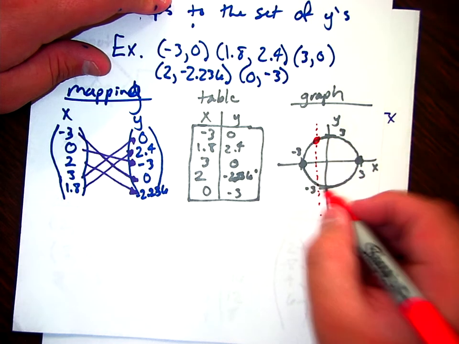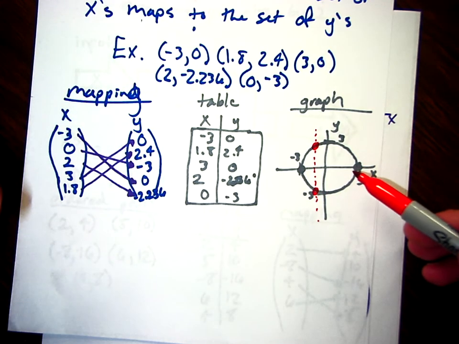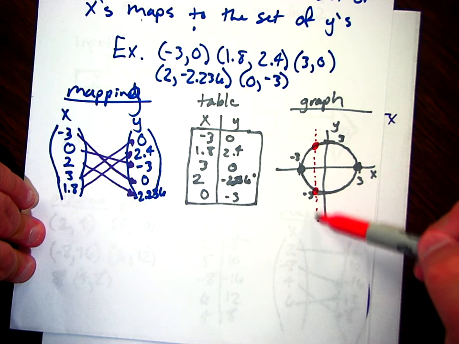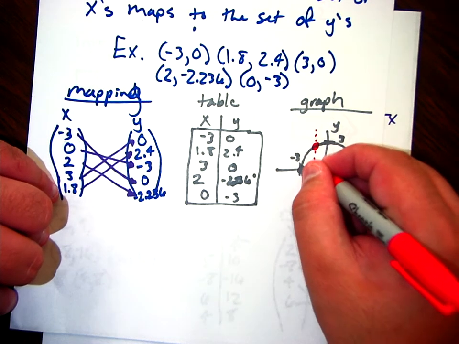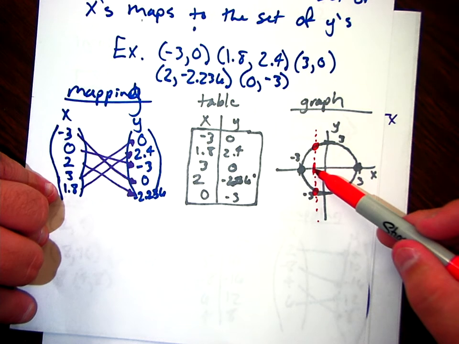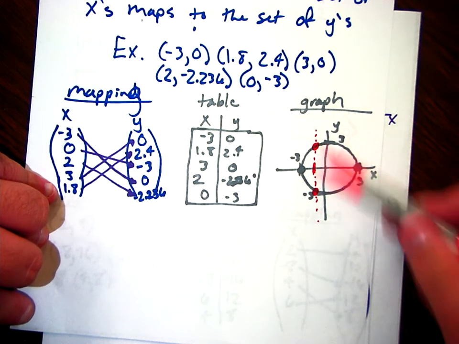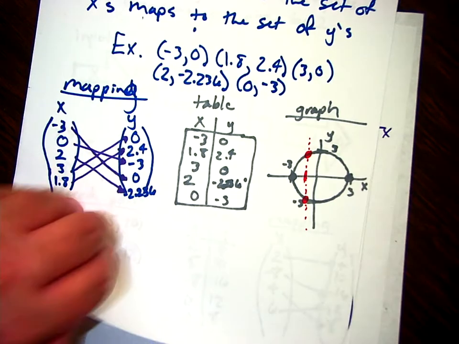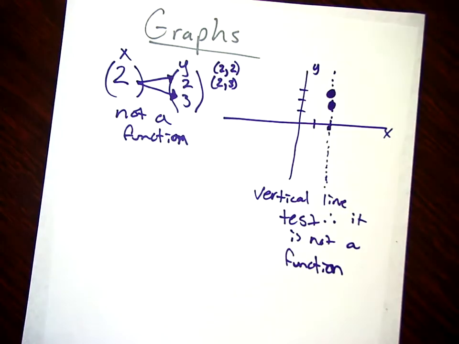It touches there and there. So we know that this relation is not a function because it touches that vertical line twice in 2 different spots, meaning for this x value, this relation has 2 different outputs, 2 y values. Okay, so I know that one's not a function.